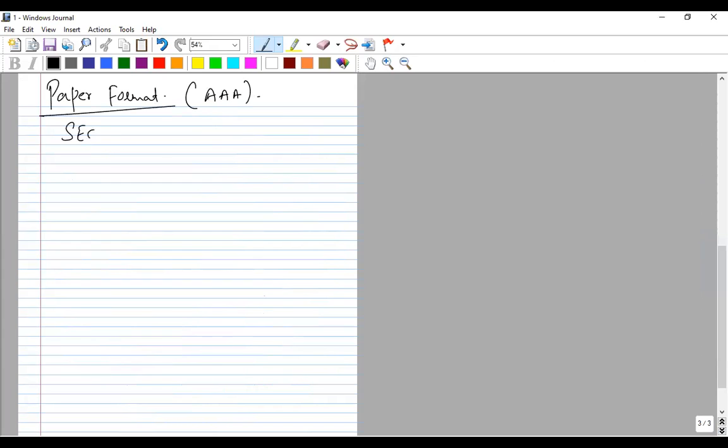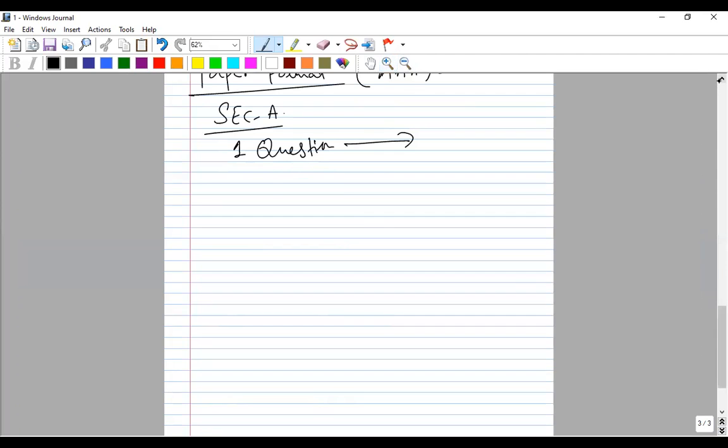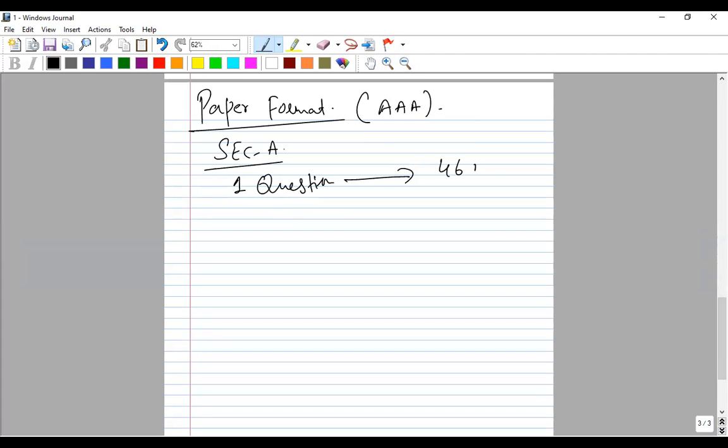There is section A, in which you will be having one question worth 46 marks, plus four additional marks for the professional marks.